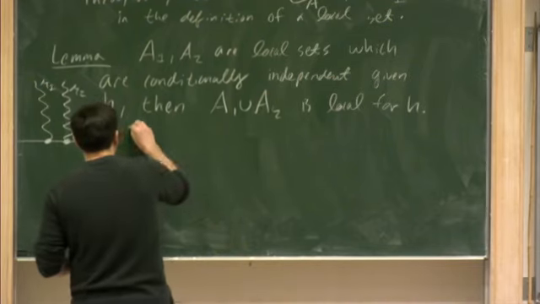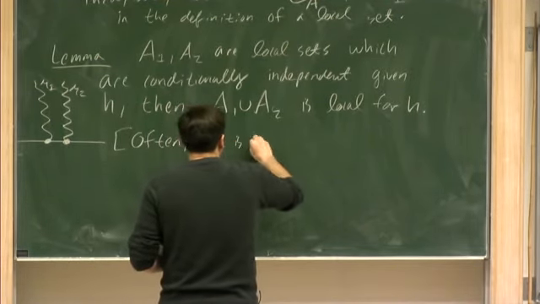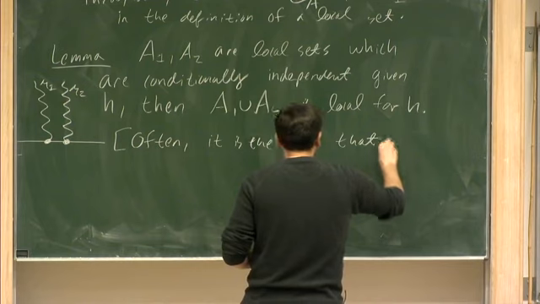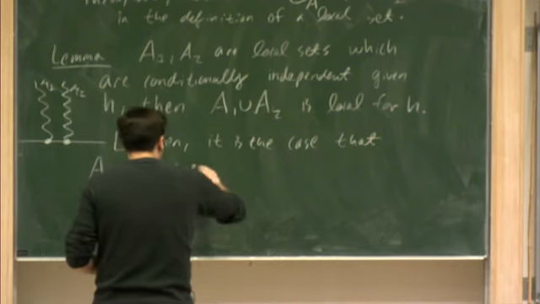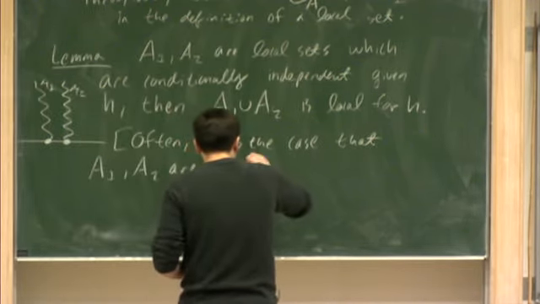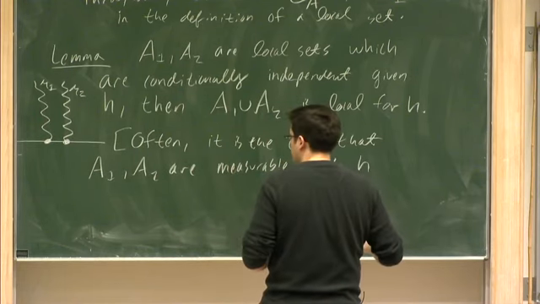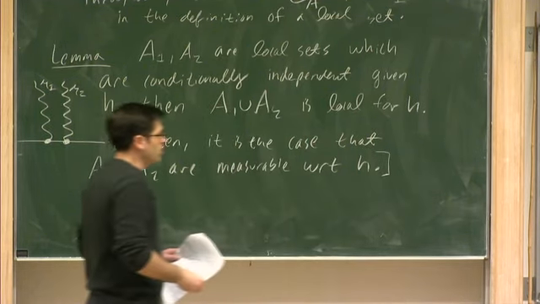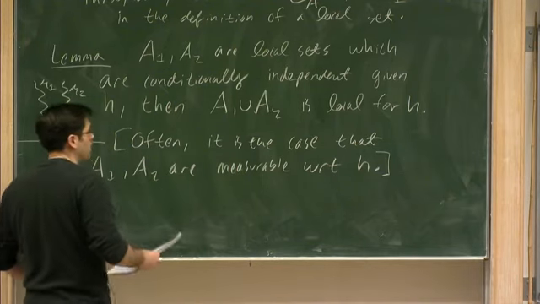Now, in many cases, like in the SLE Gaussian free field coupling, both of your local sets, A1 and A2, are going to be measurable with respect to the field. And so, in this case, it doesn't really mean anything to take the conditionally independent union because they're both just deterministic functions of the underlying field to begin with.